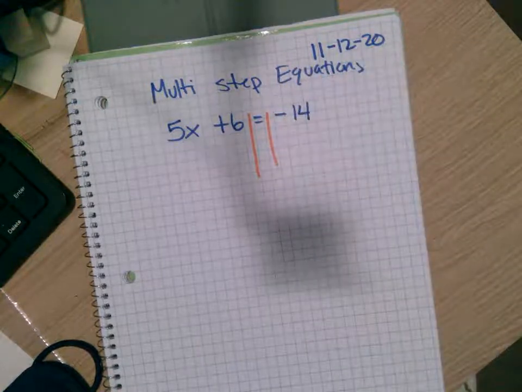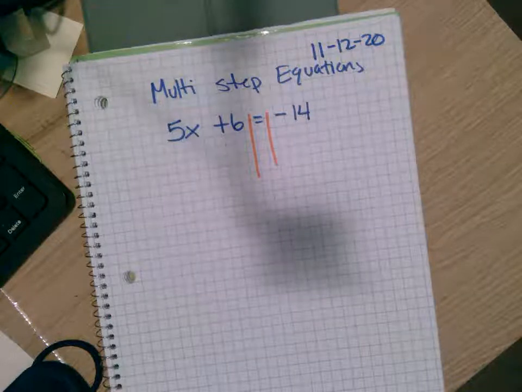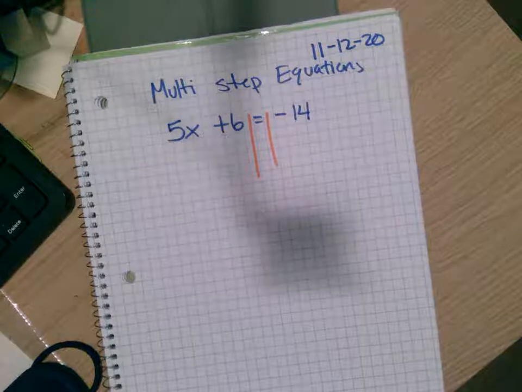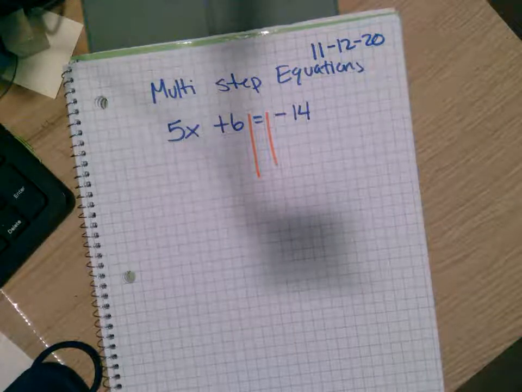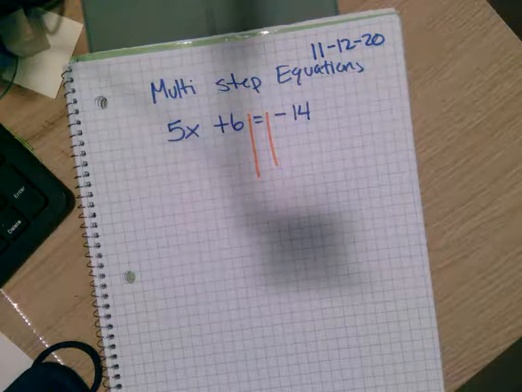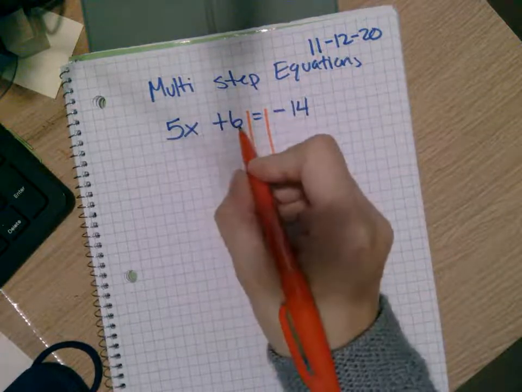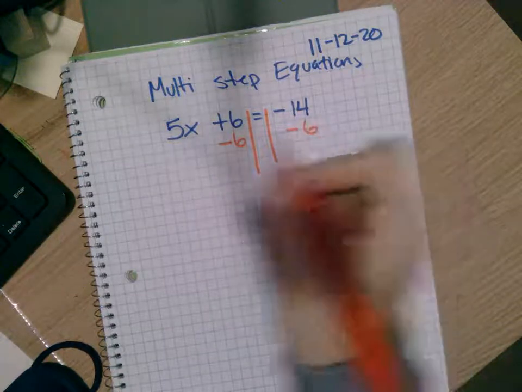Now what? I'm listening. Just think of something. -6. Yep, -6. So right here it says plus 6. So the opposite of plus 6 would be -6.